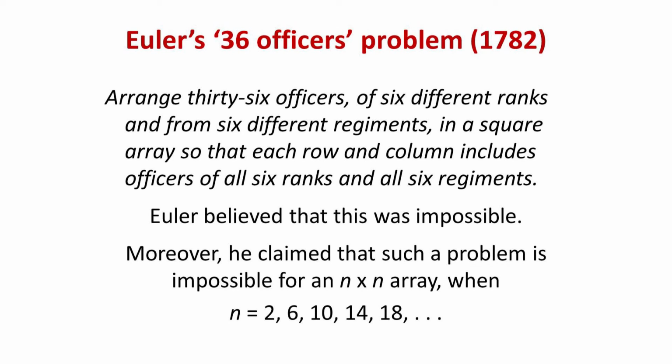Euler couldn't solve this problem, and he believed it to be impossible. He knew how to construct pairs of orthogonal Latin squares of most sizes, 3, 4, 5, 7, 8, 9, and so on, but he conjectured that they cannot exist for Latin squares of size 6, that's the officers problem, or indeed of sizes 10, 14, 18, and so on, increasing by 4 each time.